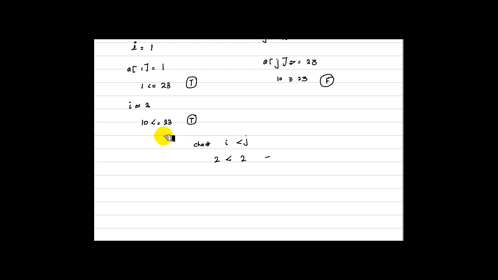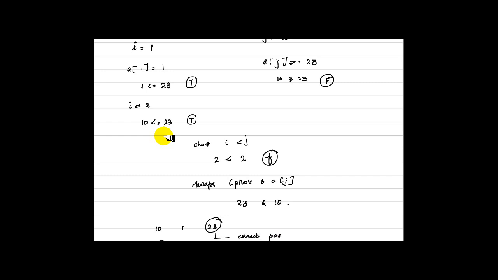False. Hence it swaps the pivot element and A of j. The pivot element over here is 23 and A of j is 10. So it swaps 10 and 23. Now 23 is in the correct position.